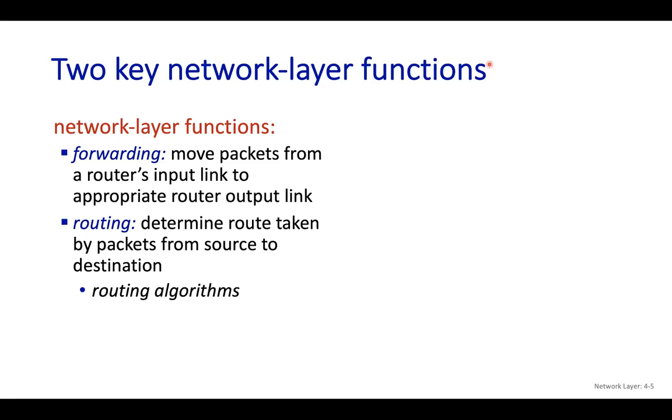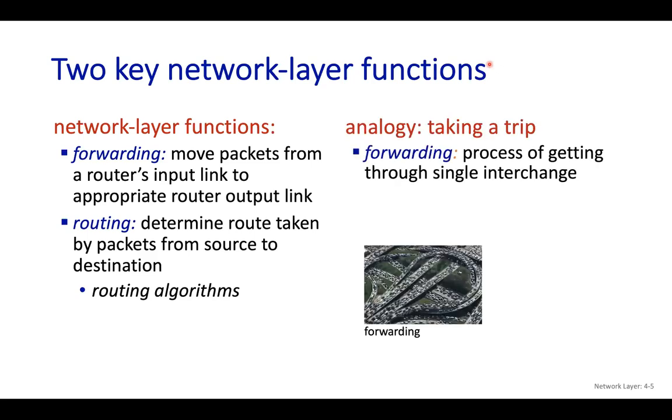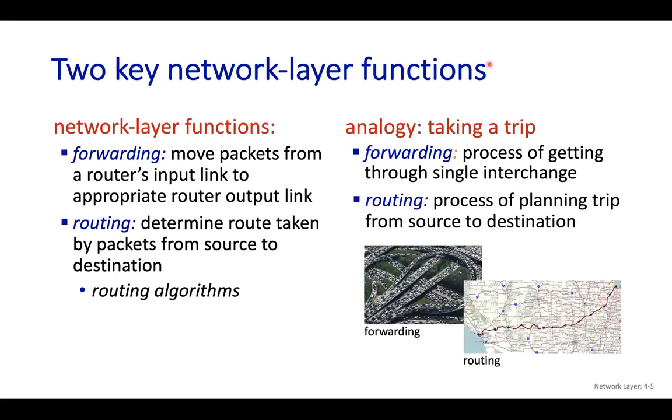Routing here is determining the route taken by packets from the source to the destination. Forwarding is like getting through a single interchange. In an intersection, you want to know which way you need to go. But this is just the local view. The routing algorithm is the process of planning a trip from your source to the destination.